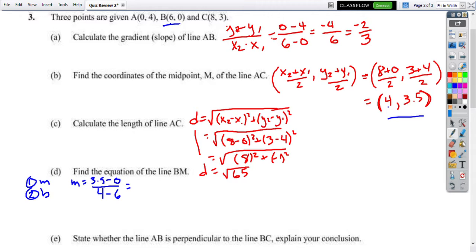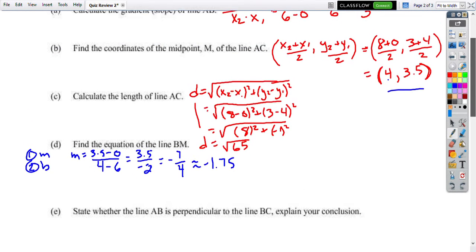All right, so this is equal to 3.5 over negative 2, and that is essentially, I believe, going to be negative 1.75. If we want to keep it as a fraction, we can. That's negative 7 over 4. All right, and if you want to, we can do negative 1.75. It's okay if you want to leave it like that as well.